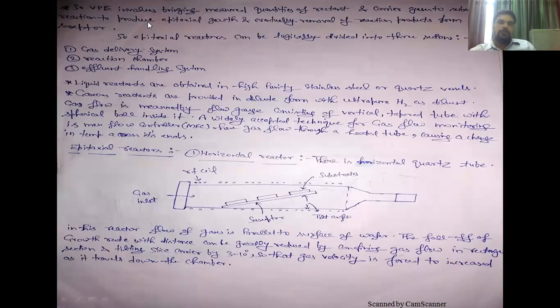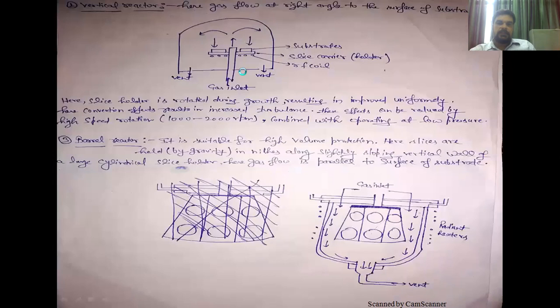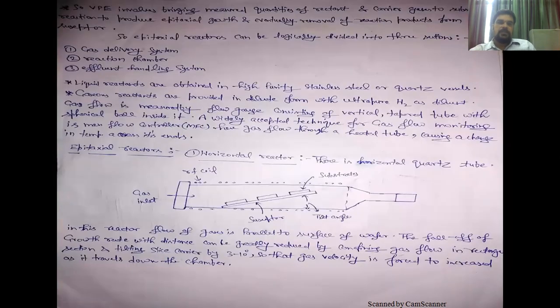Now let's move forward. So VPE, vapor phase epitaxy, basically involves bringing the measured quantity of reactants and gases. Okay, we need to maintain the carrier gases to the substrate reactant to produce epitaxial growth.